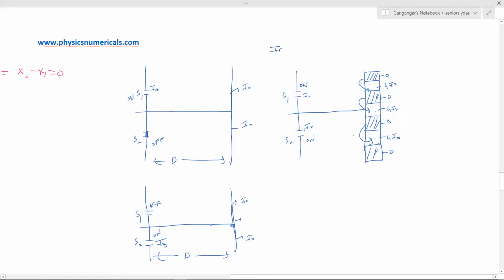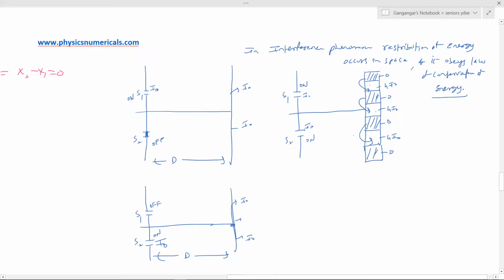So what is the interference phenomenon? In interference phenomenon, redistribution of energy occurs in space and it obeys the law of conservation of energy.